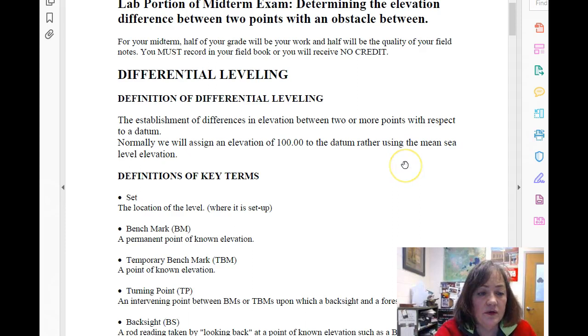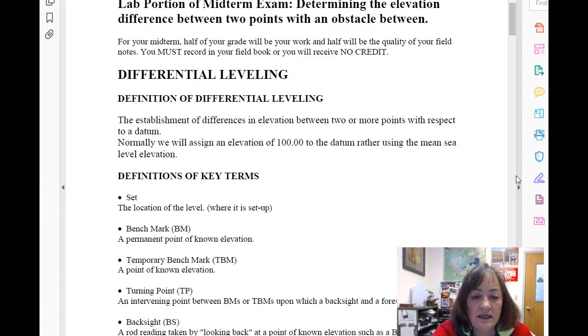So what we're going to do then is do this using a differential level. We're going to assign an elevation of 100 feet to the datum, or the first benchmark, because we really don't care what the actual elevation is. What we care about is the difference in elevation.